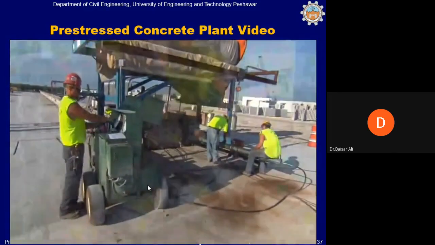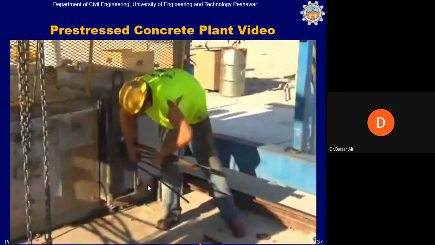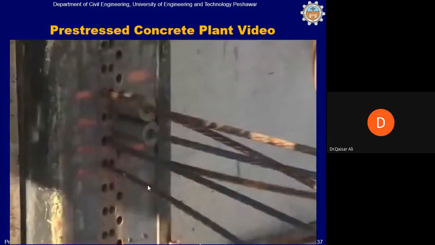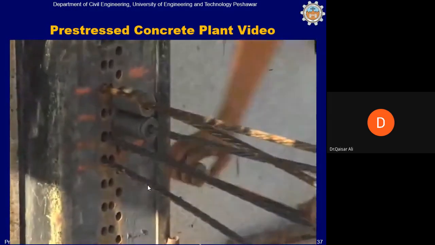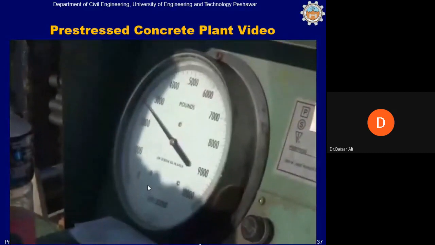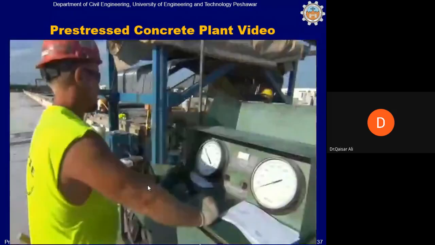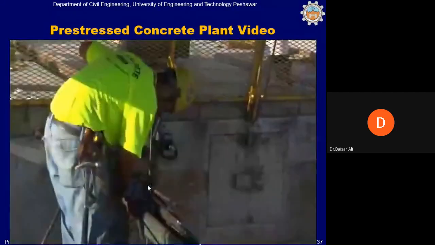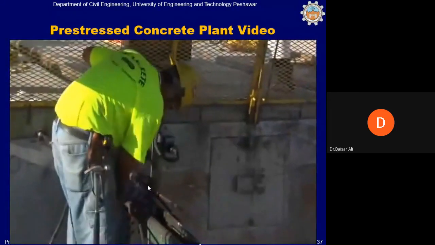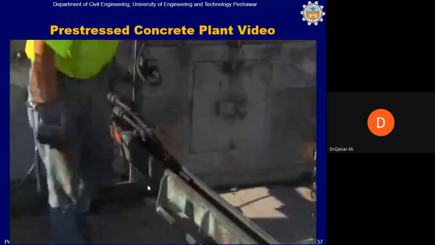The next step is the tensioning of the strands. In this case, we have a strand pattern with straight strands, 6 strands in each stem, as shown here. The strands are first tensioned to about 2 to 5 kips based on the gauge pressure reading. In this case, a mark is made on the strand after the preload is applied.